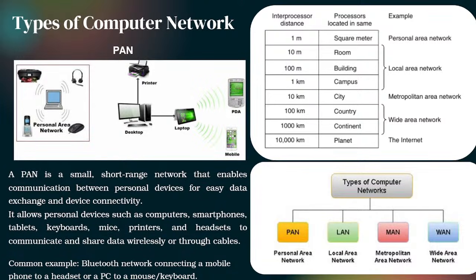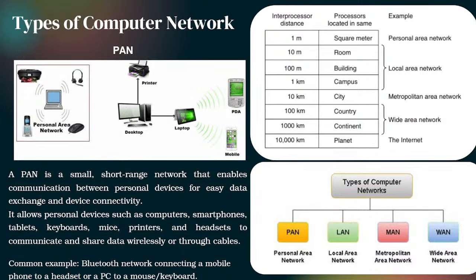So I am using now my laptop for the communication, or I am keeping the smartphone with me for any connectivity purposes, or whatever things we are using for personal purposes, all can be considered for personal area network.